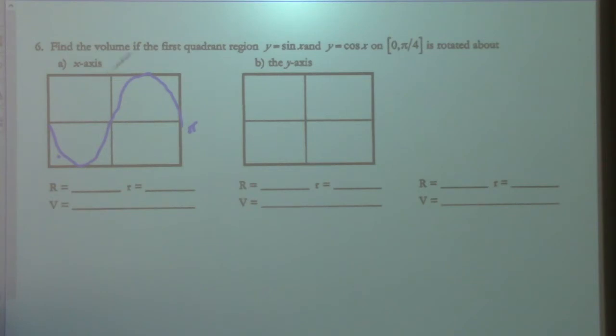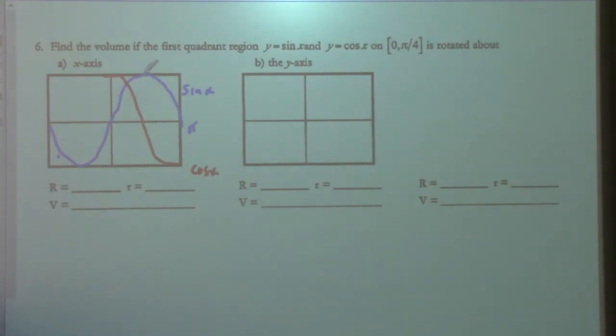So y equals cosine x, let's do that. So here's y equals cosine x. So here's our sine x, our cosine x. And here's our sine x. It says the first quadrant region, so we're talking about this piece, aren't we?